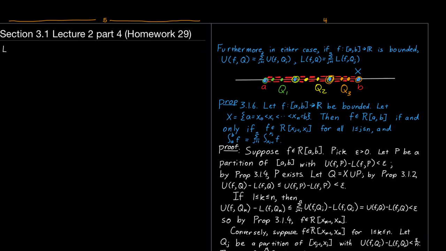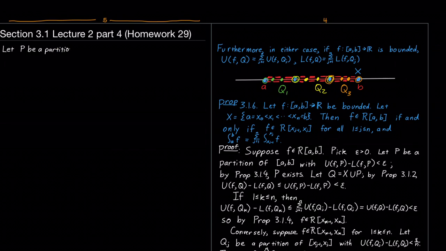So let's let P be a partition of a to b, and we'll let Q be the partition that's a refinement of both P and x. Then the upper sum of f over P, going to a refinement, more points just makes the upper sum lower.